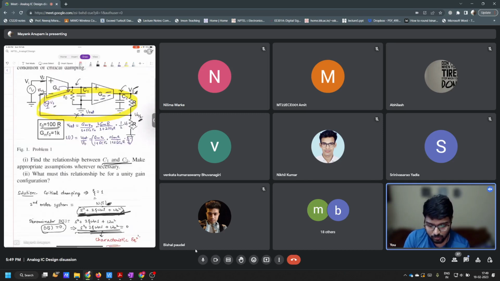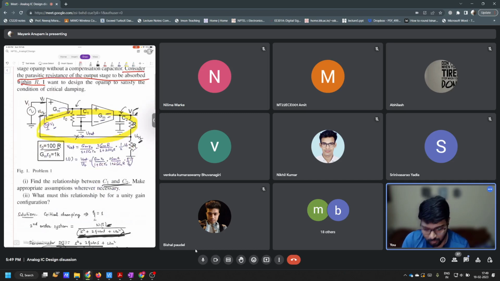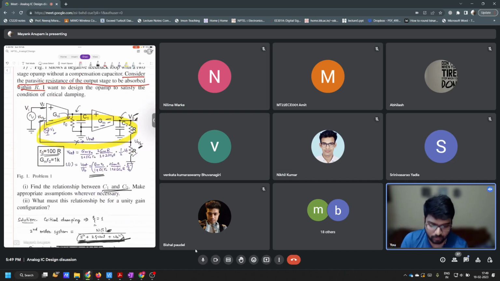We could also have done the other thing, that is, we could have simply found the loop gain here, which we did anyway, and from there, for critical damping, you remember what the phase margin is approximately? In the lectures it was mentioned.